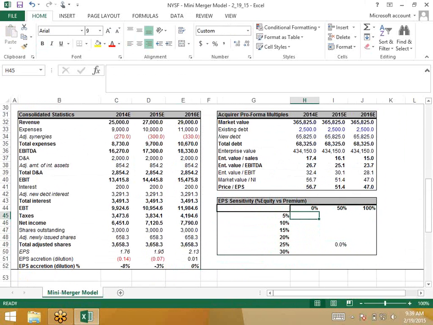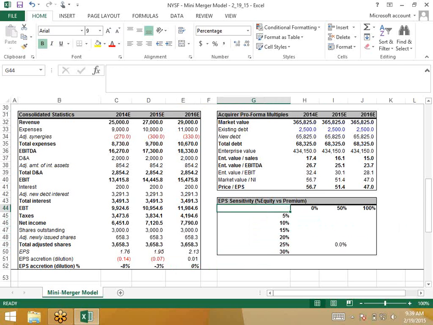And then we can run the 0% equity, 5% case, find out what the answer is, and plug it in here. Or we can run the 100% equity, 15% premium case, and plug it in here, etc. And then we have to change this all the time. Or there's a way to automate this, and that's by using a two-variable data table. So let's show you how to do that.